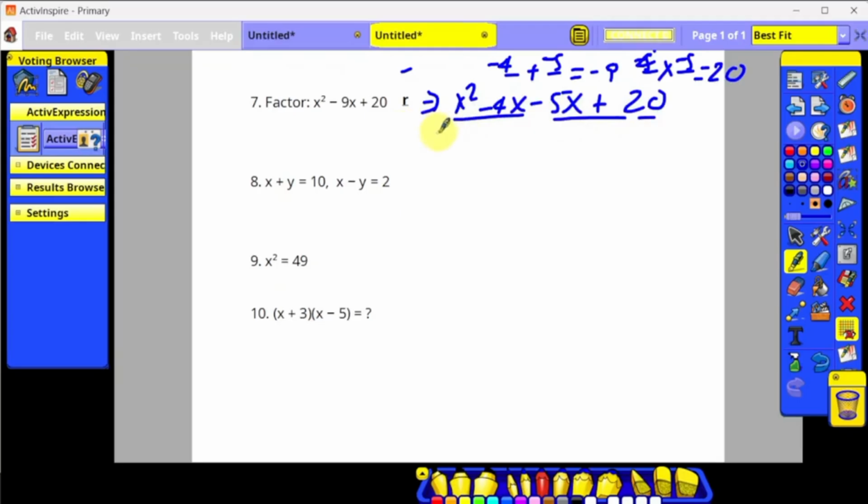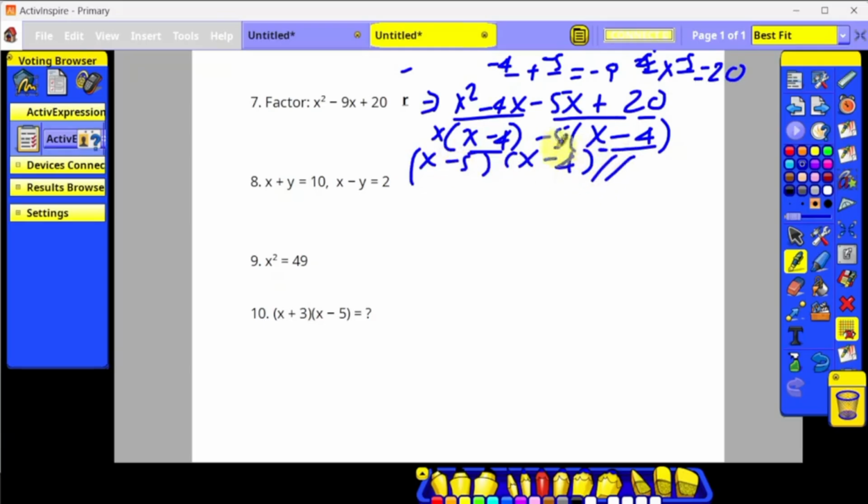So factorize, the common factor is x minus 4, and take minus 5 here, minus 5 times x minus 4. So take this x minus 4, and x from this one, x minus 5 times x minus 4. This is how you factorize it.